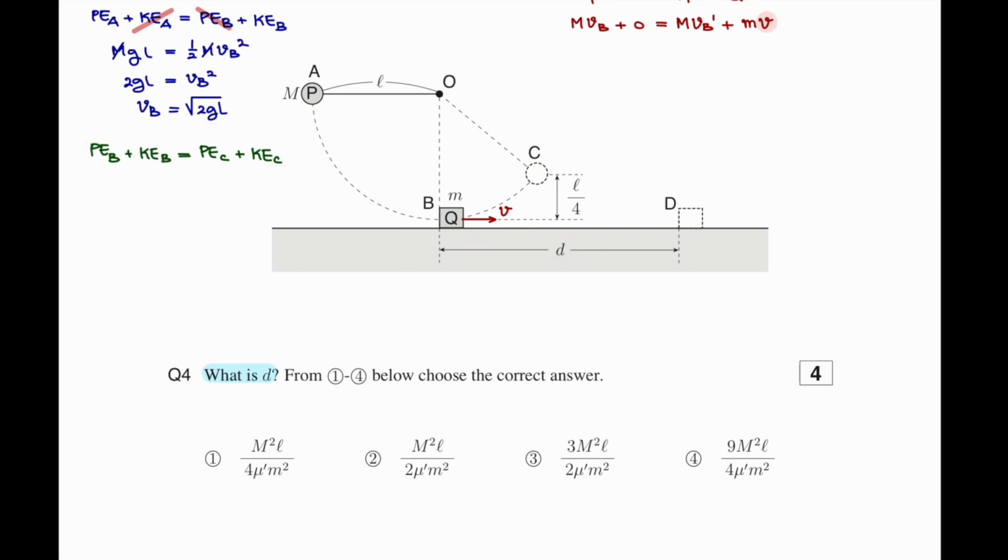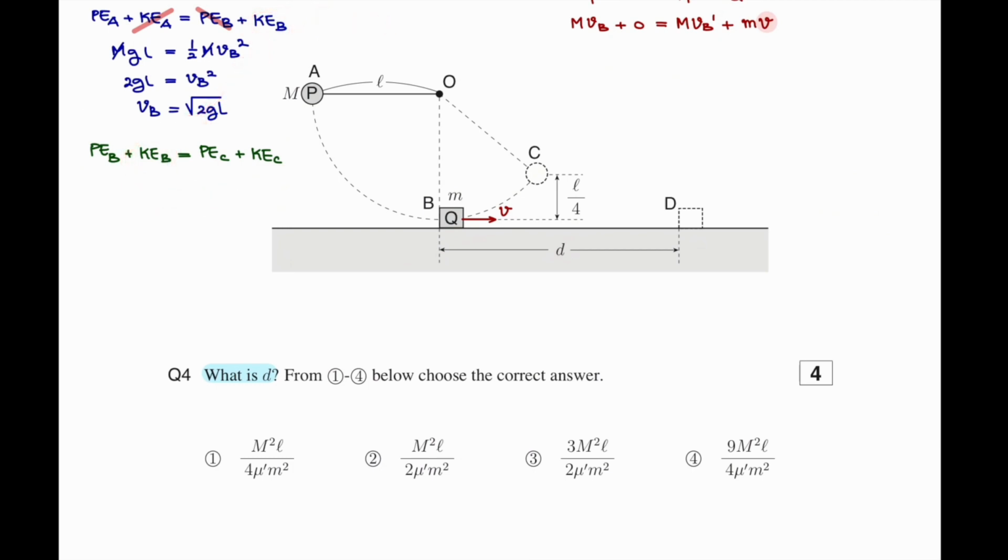So the kinetic energy at B is not the same as KE B in the earlier part. It is not the same. The first one is before collision, and this one is after collision. So these two things are different.